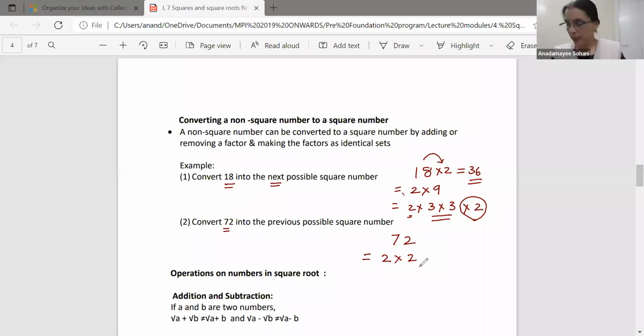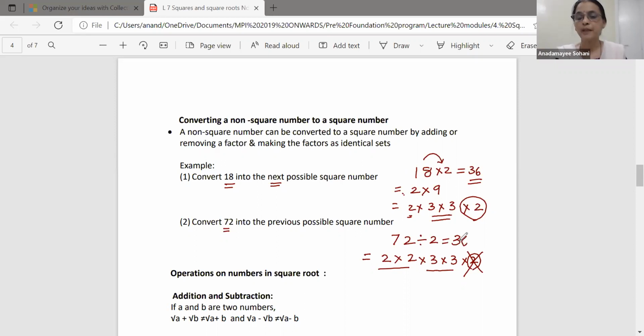Prime factorization of 72 comes 2 into 2 into 3 into 3 into 2. So I have one pair of 2, one pair of 3 and one extra 2. I want to convert it into a square number. I can remove this 2. 72 divided by 2 will be 36.